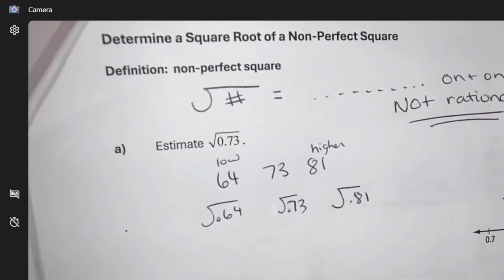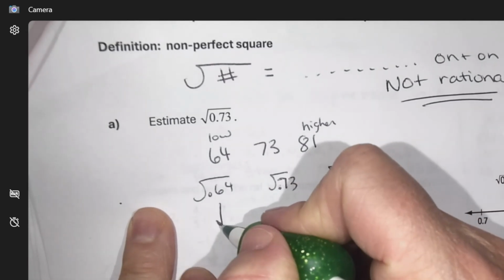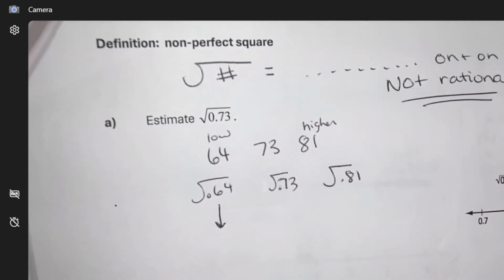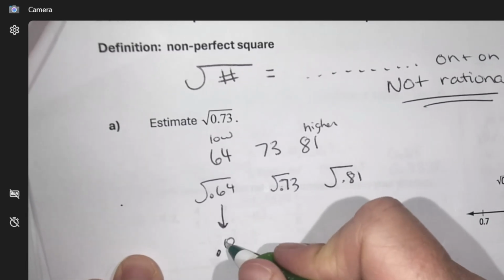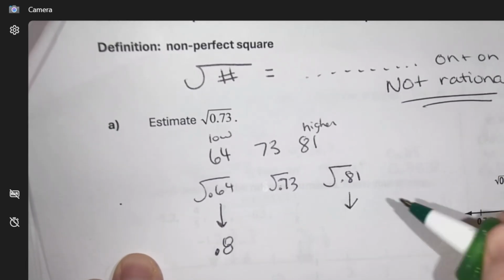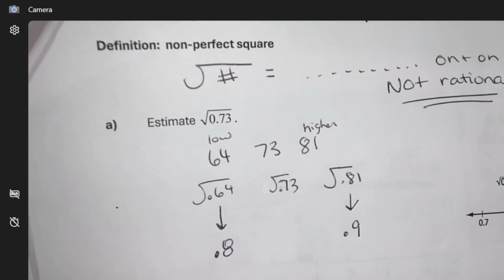Okay, so we went from our numbers just to our decimals. So what's the perfect square root of that? 8. Make that with a decimal. 0.8. What's the perfect square root of that? 9. Decimal? 0.9. Got it right.